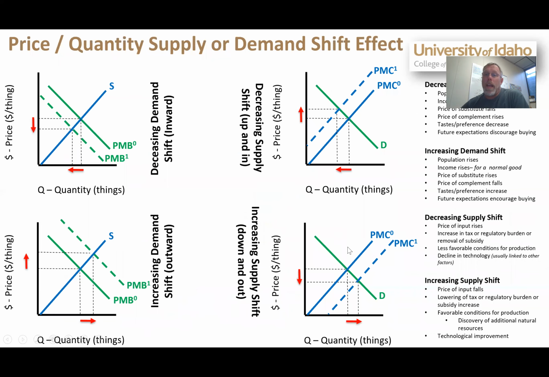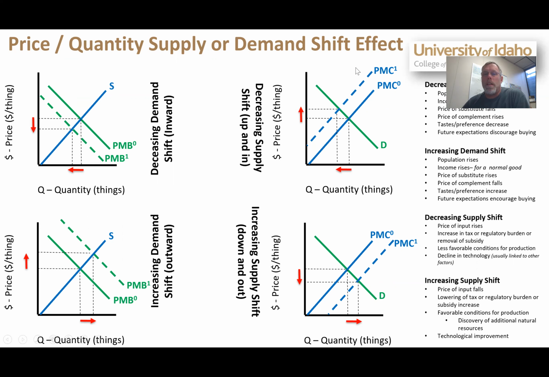So when we looked at how that played out in class, this slide summarizes a lot of stuff that we had. You have a decreasing demand shift in the upper left, price down, quantity down. You have an increasing demand shift down here in the bottom left, so price up, quantity up. Over on the right, we had the things we talked about that would cause those things to shift.